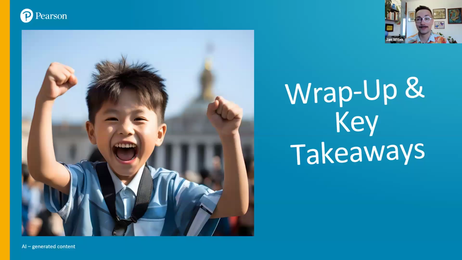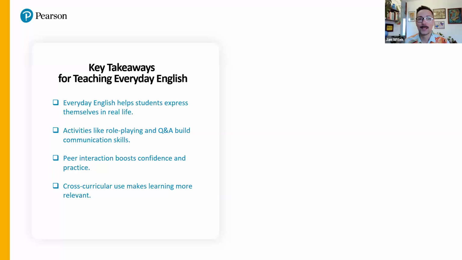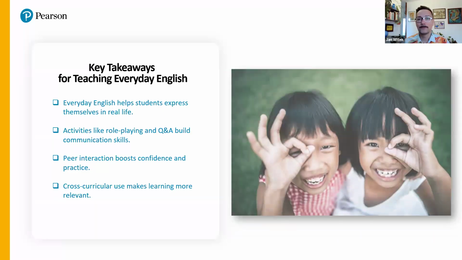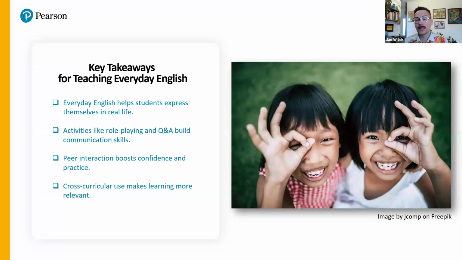And now, wrap up and key takeaways. So, to wrap up, we've learned today that everyday English helps students in real life, but it goes without saying, it is essential for students to express themselves confidently in real-life scenarios.